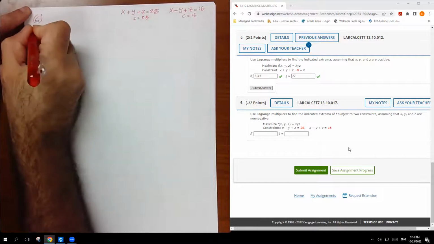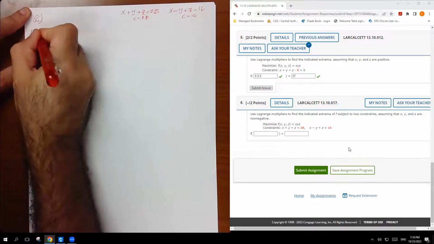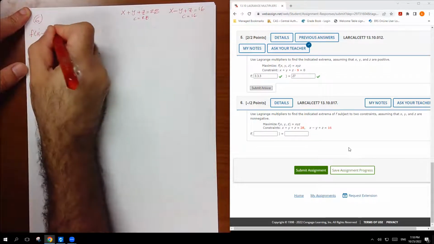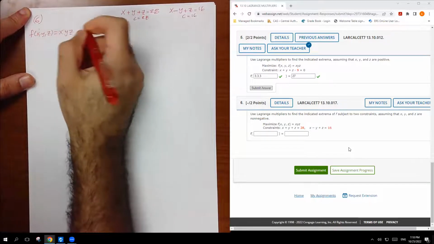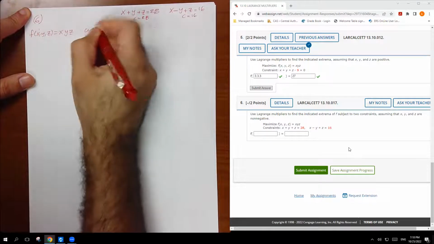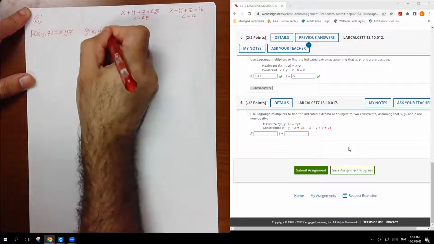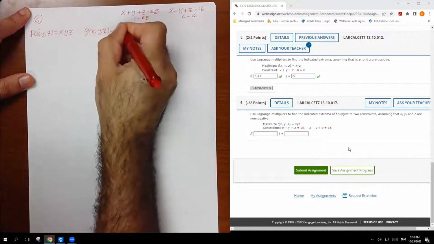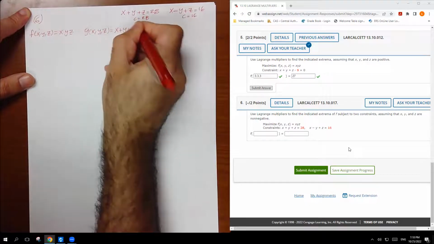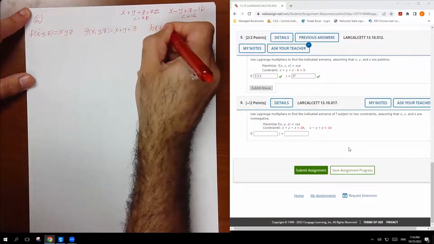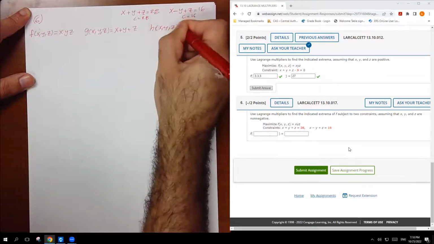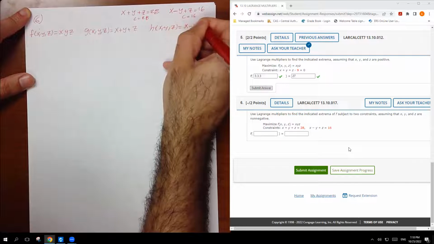So our function f of x, y, z is going to be xyz. And now g of x, y, z is going to be x plus y plus z, and h of x, y, z is going to be x minus y plus z.